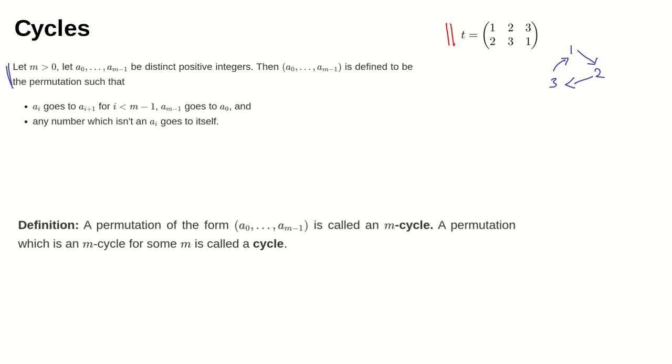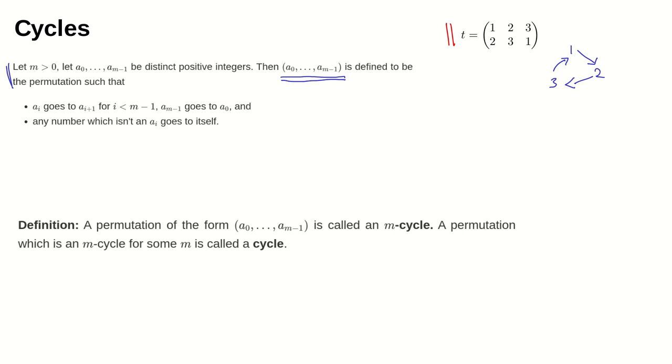Then the permutation which we write like this, brackets a_0, comma a_1, comma, up to a_{m-1}, close brackets, is defined to be the permutation such that the number a_i goes to a_{i+1} for i less than m minus 1, and the number a_{m-1} goes back to a_0. Furthermore, if you've got any number which isn't one of the a_i's, then this permutation sends that number to itself.